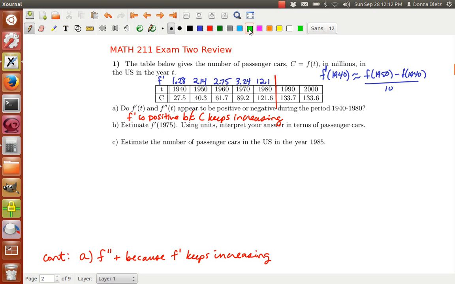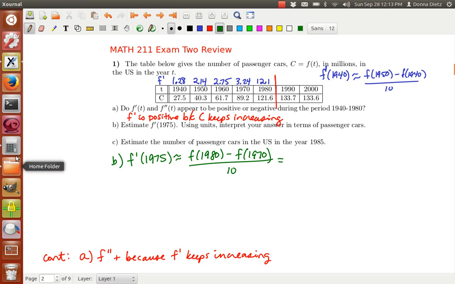So this is pretty cool. 1975 is going to straddle these two squares. So this is part B, F prime of 1975 is most easily approximated by saying F of 1980 minus F of 1970 divided by 10, which we just did, but let's pretend we forgot and we didn't know we just did that.